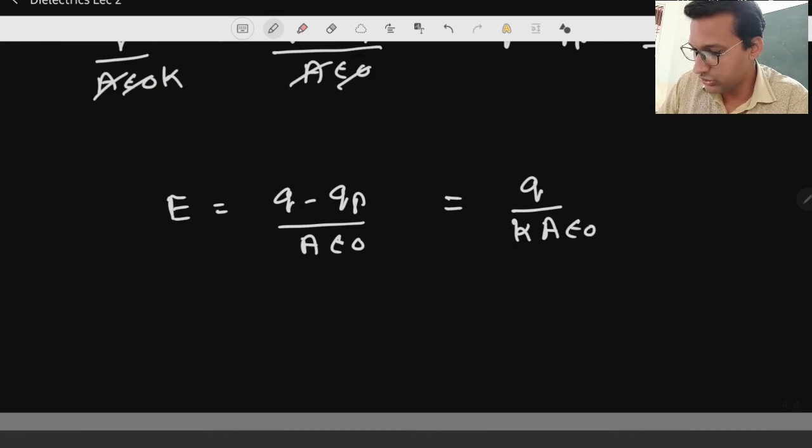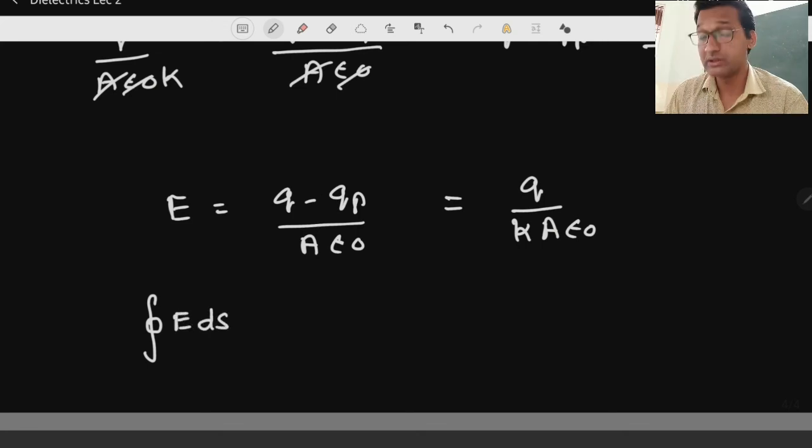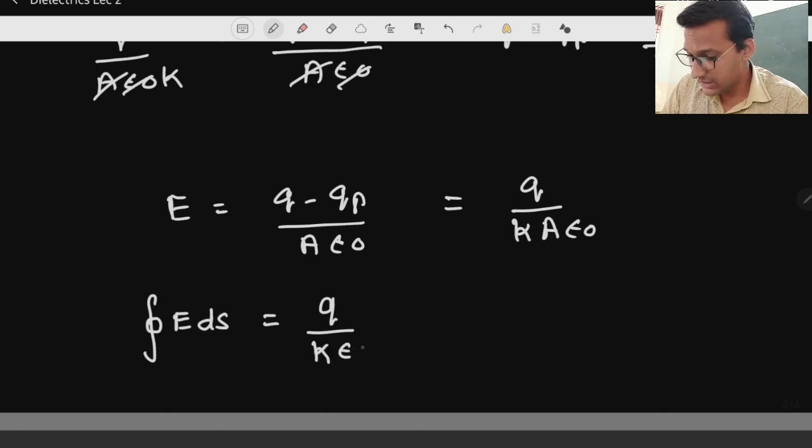A into epsilon naught will be there. So E will be Q divided by K into epsilon naught. So the Gauss law we can write as the closed surface integral of E dot ds, for dielectric, equal to the free charges divided by K into epsilon naught.